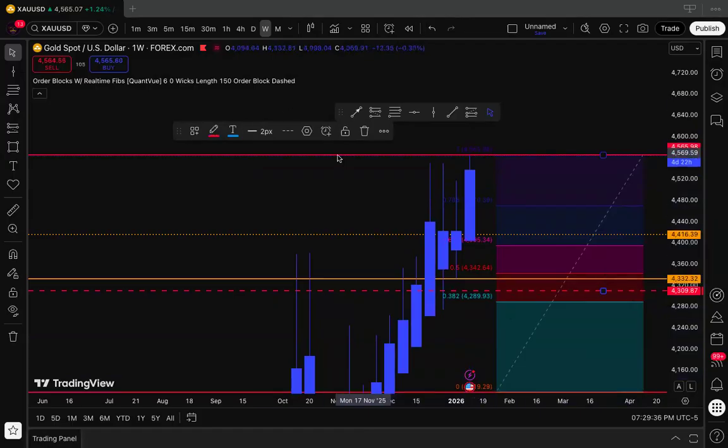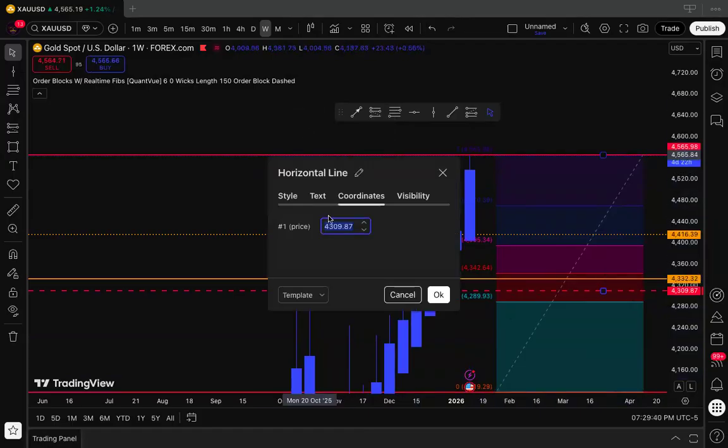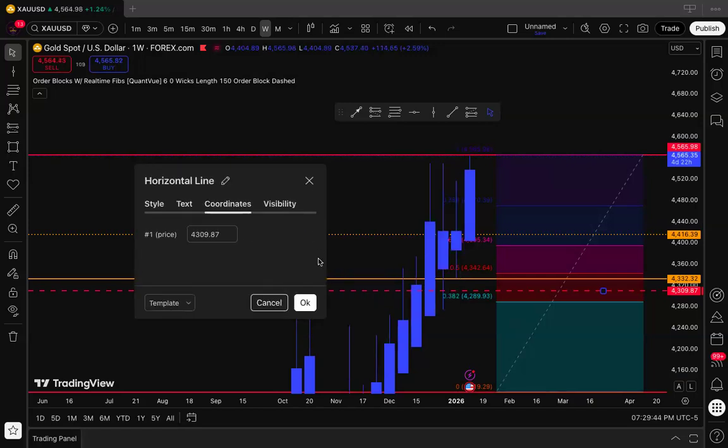Currently, the mid-month level of support is 43.42.64.